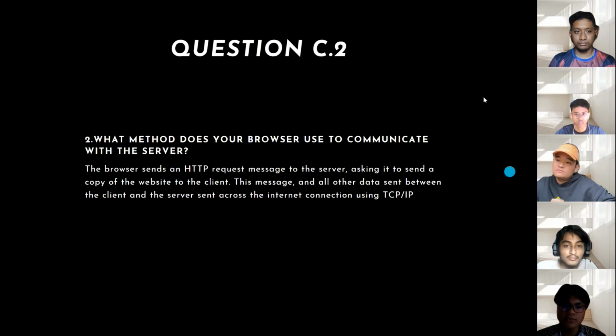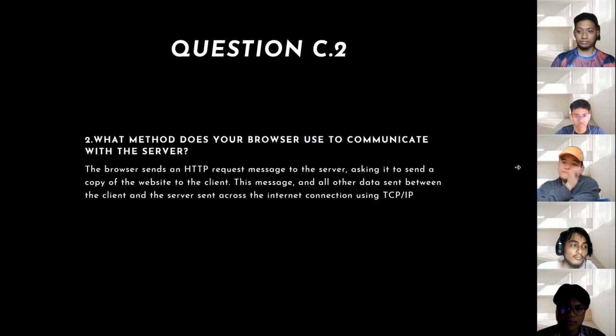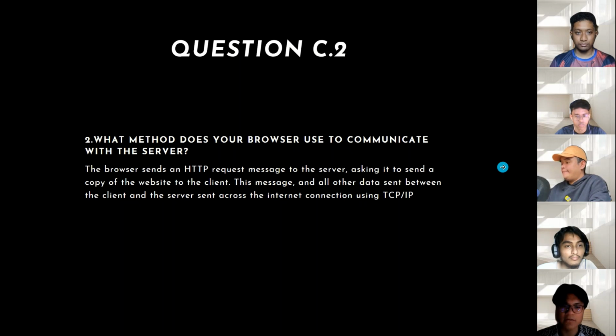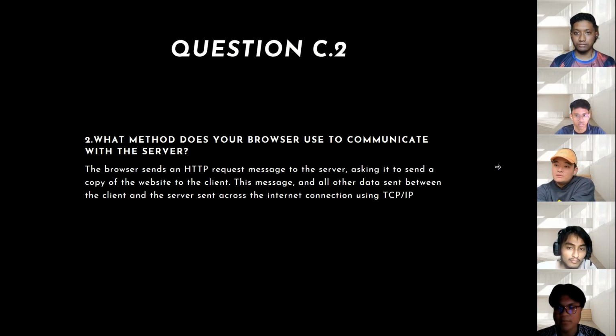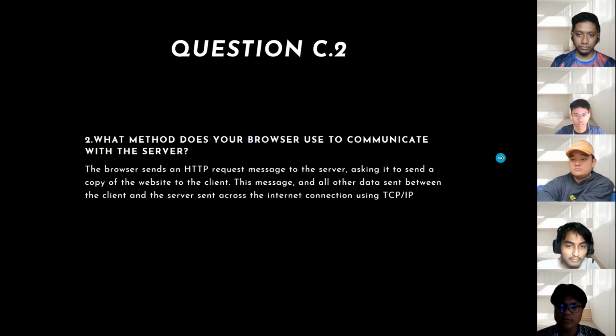So question C2, what method does your browser use to communicate with the server? Okay, the browser sends an HTTP request message to the server, asking it to send a copy of the website to the client. This message and all other data sent between the client and the server are sent across the internet connection using TCP/IP. The Transmission Control Protocol, TCP, is responsible for breaking up data into smaller packets and sending the packets to the receiving computer, which reassembles the data to its original form.